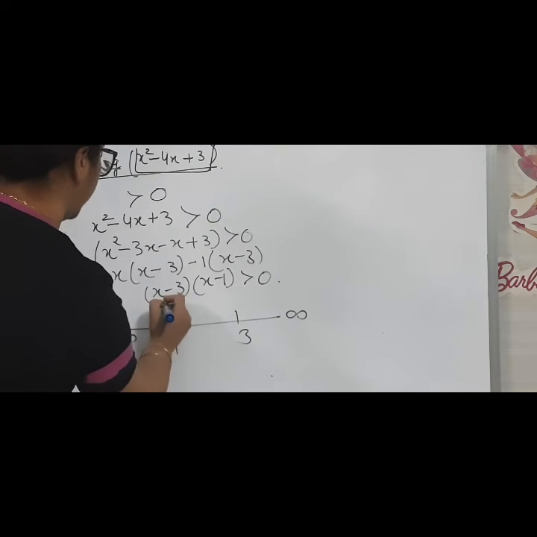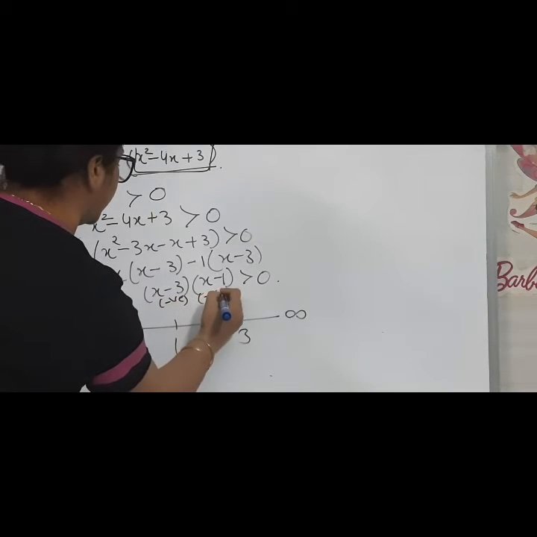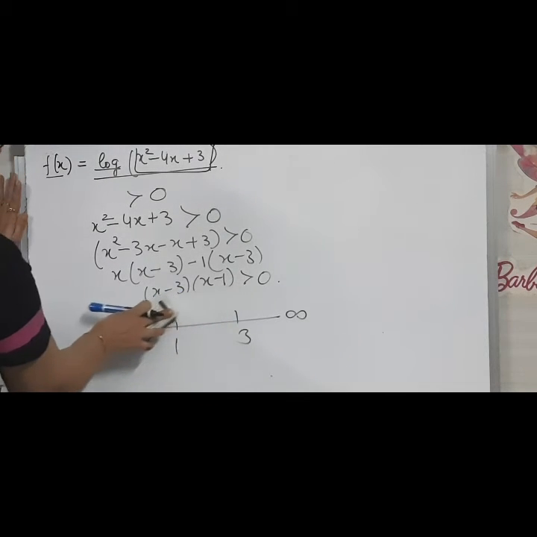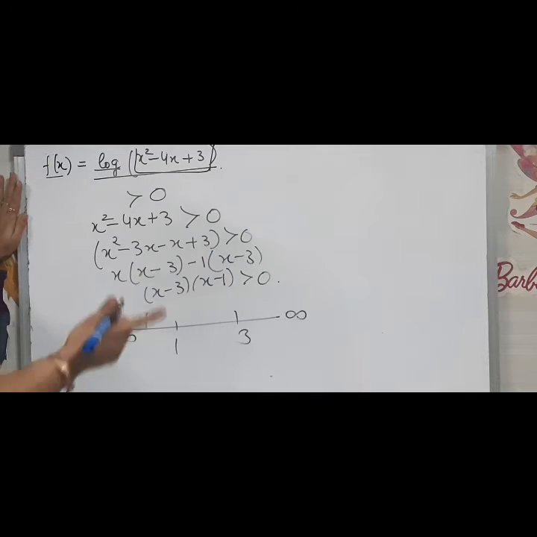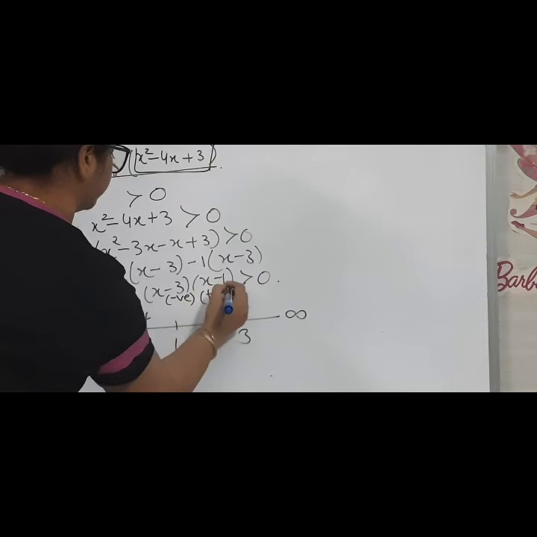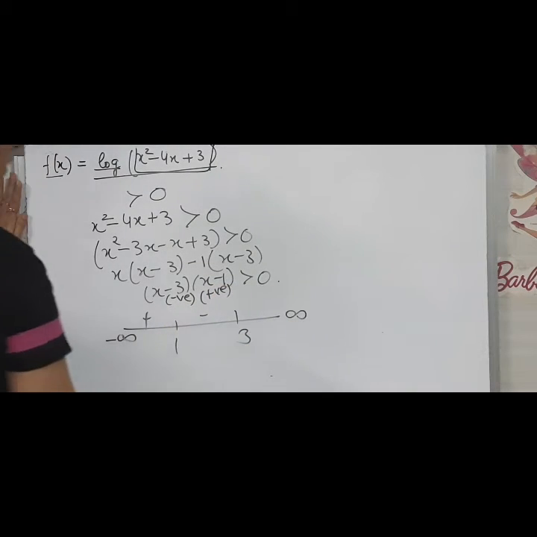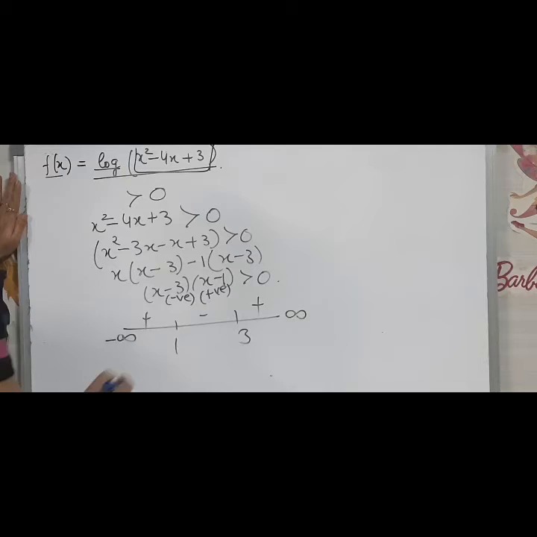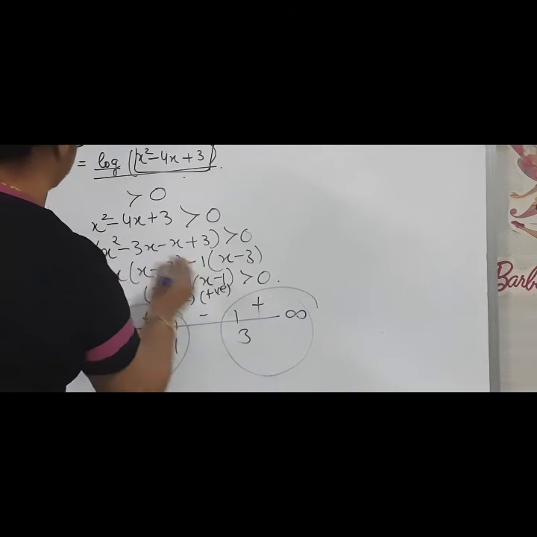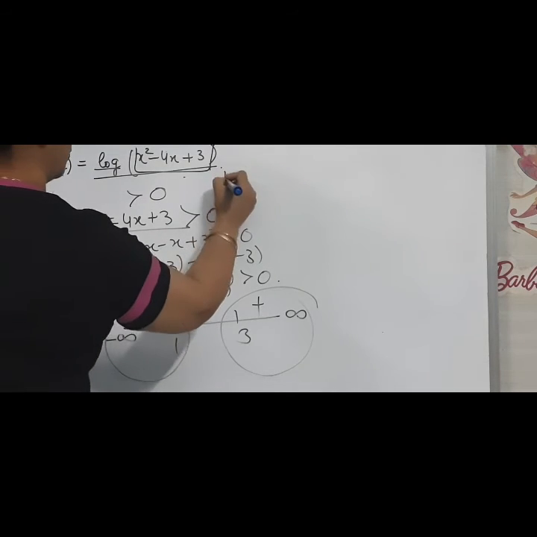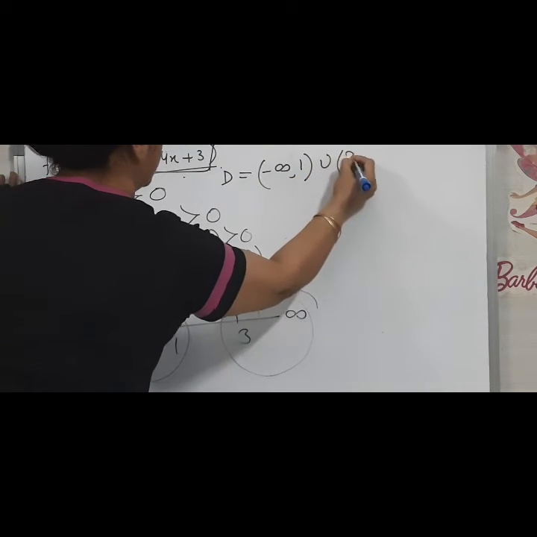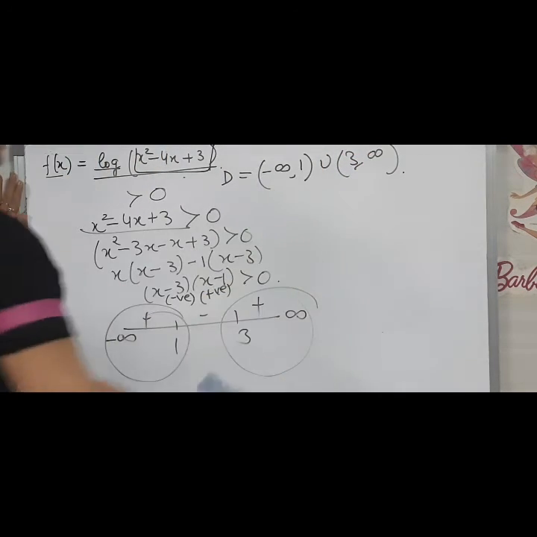Both factors become negative, and it becomes positive. Coming to 1 and 3, taking 2: 2 minus 3 negative, 2 minus 1 positive, so negative. 3 to infinity, naturally it becomes positive. The intervals which satisfy our equation are this and this. Now the domain will be minus infinity to 1 union 3 to infinity.